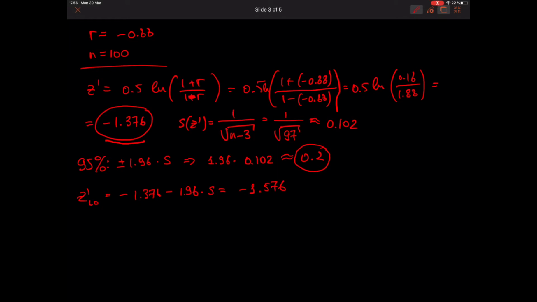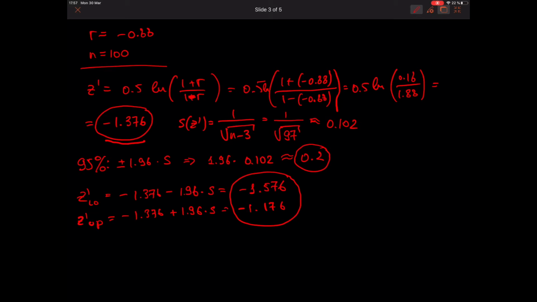So that's the lower boundary, and then the upper boundary. I again do the same calculations, minus 1.376 plus 1.96 times the standard deviation for z prime, and it will be minus 1.176. Okay, so this is the confidence interval for z prime, right, for the population.